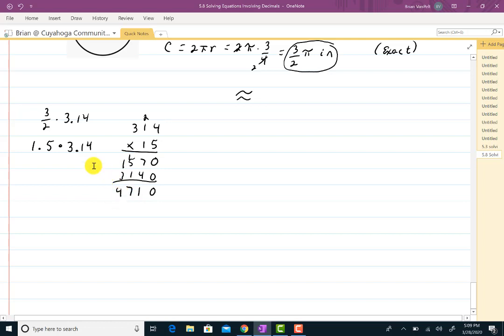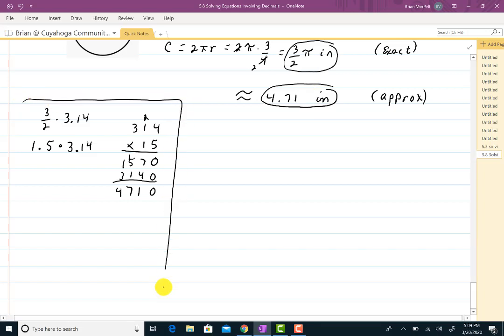So I had a total of 1, 2, 3 decimals. So I get 4.710 inches. That's an approximation. And you know that 0 at the end is not crucial. I can drop it and just have 4.71 inches. So this is my side work. Let me keep it that way.